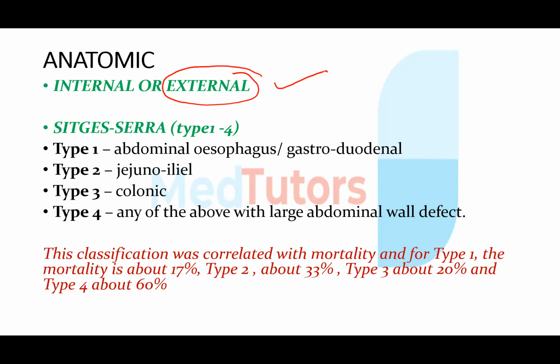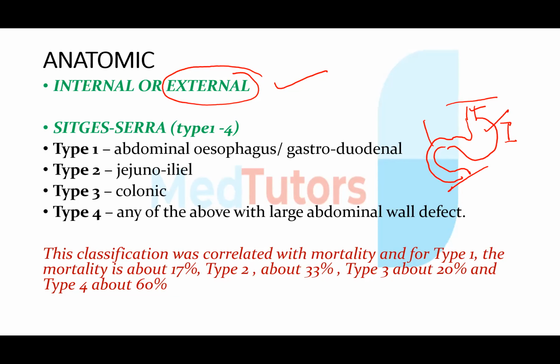When the fistula involves the abdominal esophagus, the stomach, and the duodenum, any part of this is regarded as type 1 fistula.